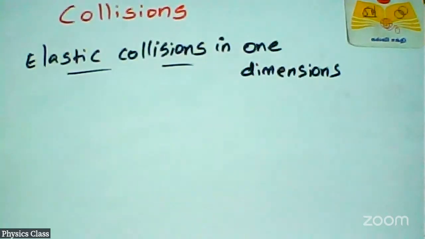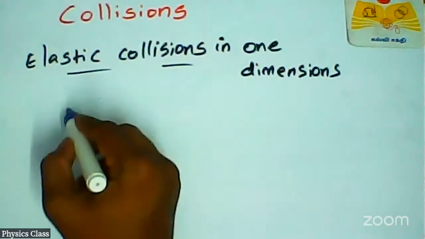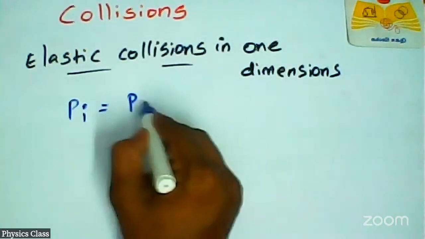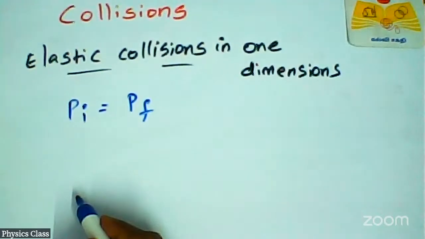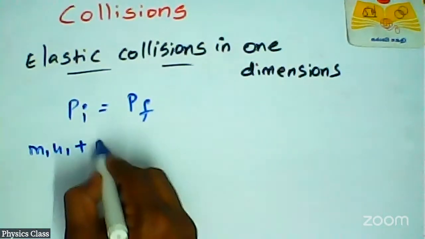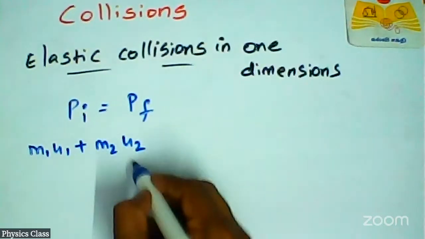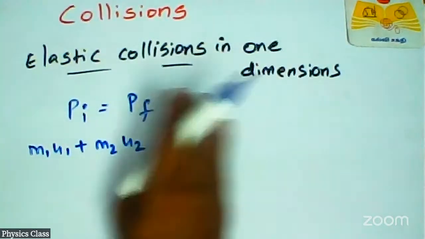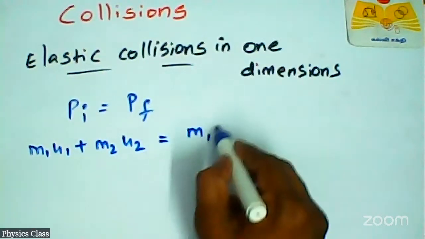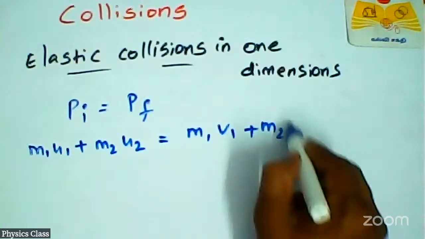So Pi equals Pf. Already we saw that in an elastic collision, total momentum is conserved. Pi means m1 u1 plus m2 u2, and Pf equals m1 v1 plus m2 v2.